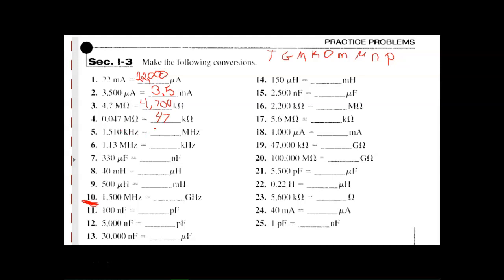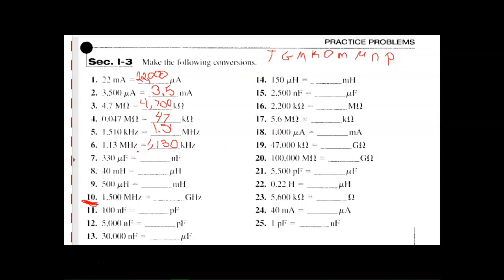So this one's moving from kilo to mega. What would I end up with? Should end up with 1.51 mega. And then we're going back from mega to kilo. All right, so number 7. This is a little bit different. We're moving from micro to nano.